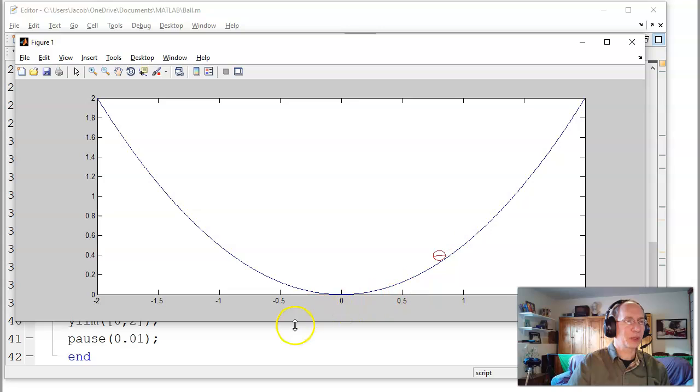There's the ball rolling left. It goes fastest at the origin, where I have less potential energy, more kinetic energy. And at this point I have all potential energy, no kinetic energy. Then it rolls back. So all that just to see a ball rolling in a parabolic bowl. Kind of fun to watch.